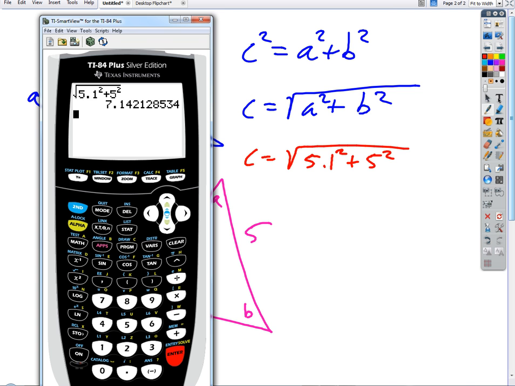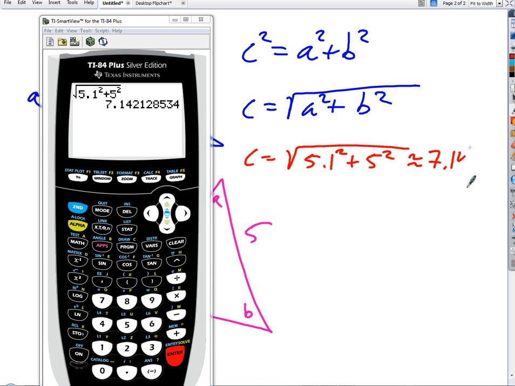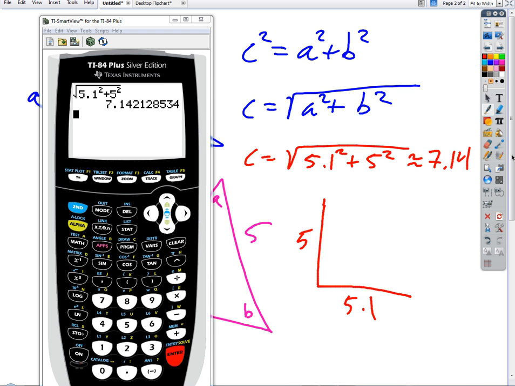So C is 7.14. So if I draw this right triangle, I've got the 2 legs of length 5 and 5.1. What if those are sticks, and I've got a hinge down here at the bottom that's hinging them together so they can move.